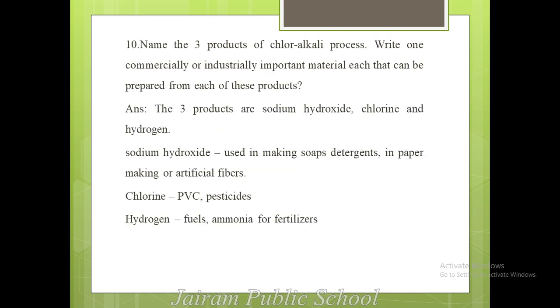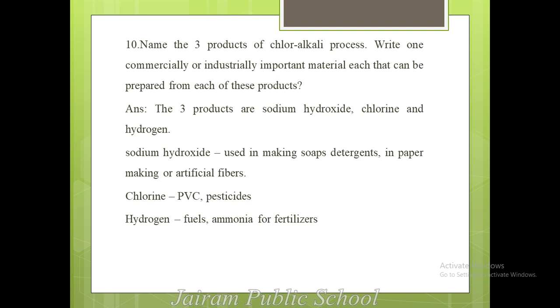Next question, name the 3 products of the chlor-alkali process. Write one commercially or industrially important material that can be prepared from each of these products. So the 3 products obtained in the chlor-alkali method are sodium hydroxide, chlorine and hydrogen gas.